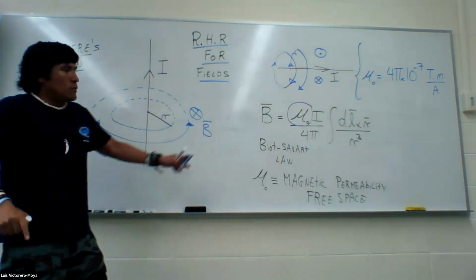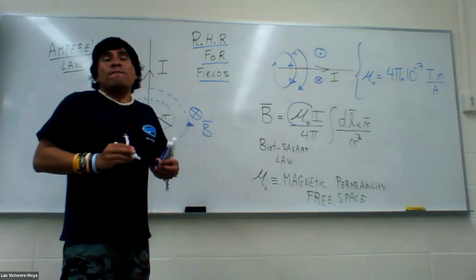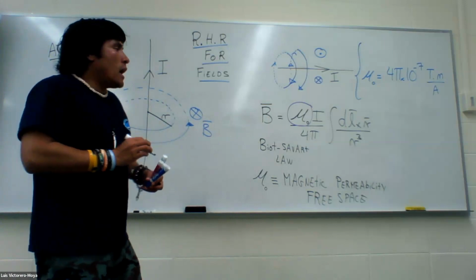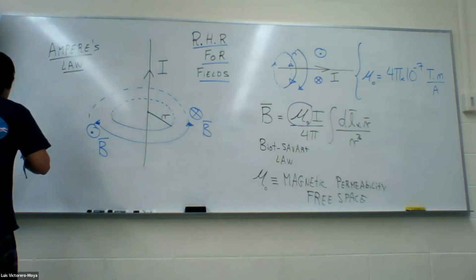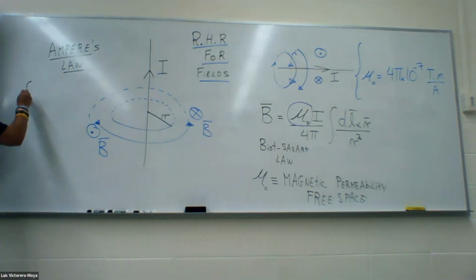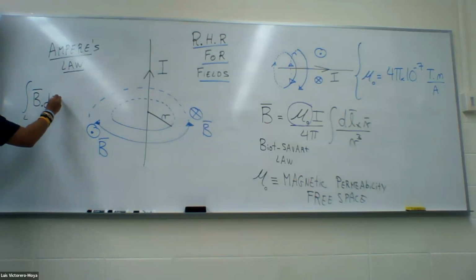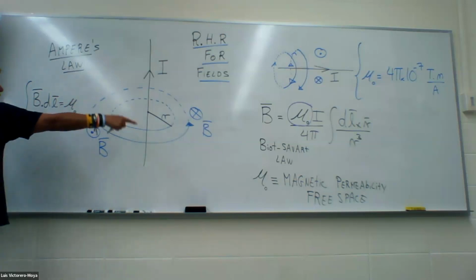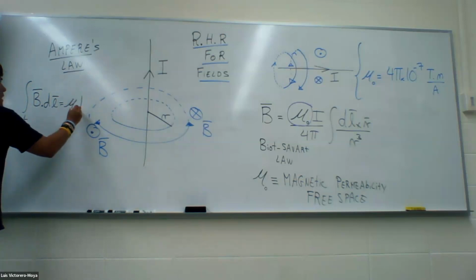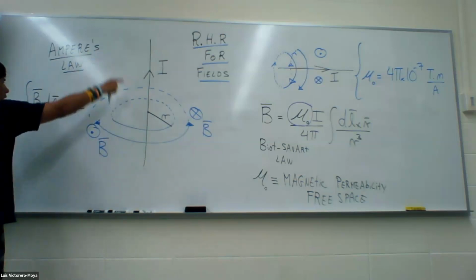Ampere's law takes this equation and simplifies it a little bit. How? By saying that the linear integral of the magnetic field is equal to the magnetic permeability times the current on the wire.